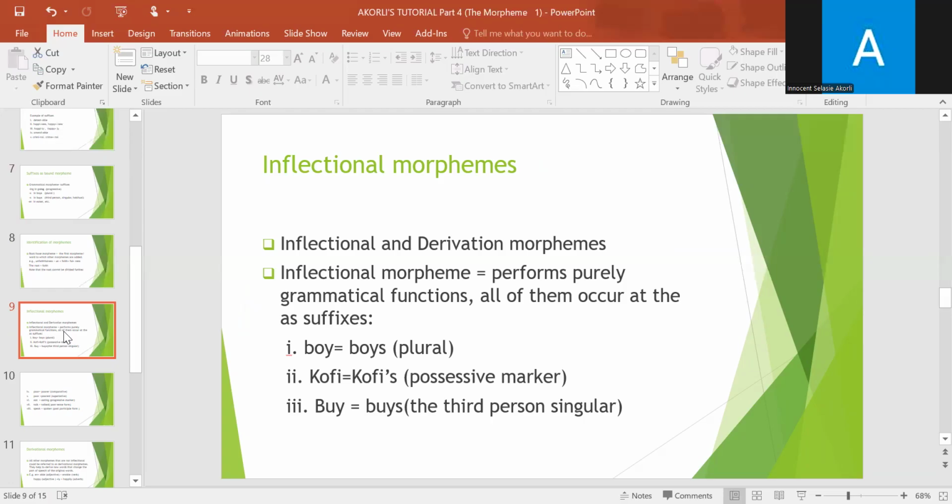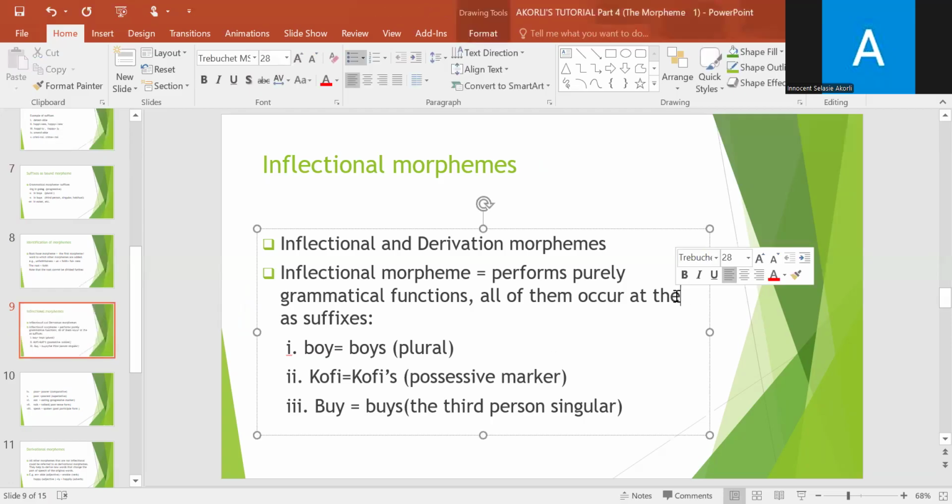All of them occur as suffixes. Consider the case: boy, boys. One of the things that we need to remember is that in the case of inflectional morphemes, the original word, which is on the left-hand side, when it inflects or something is added to it, it doesn't change the word class.